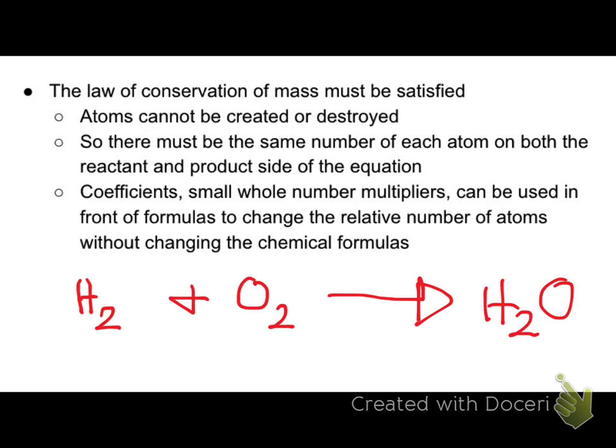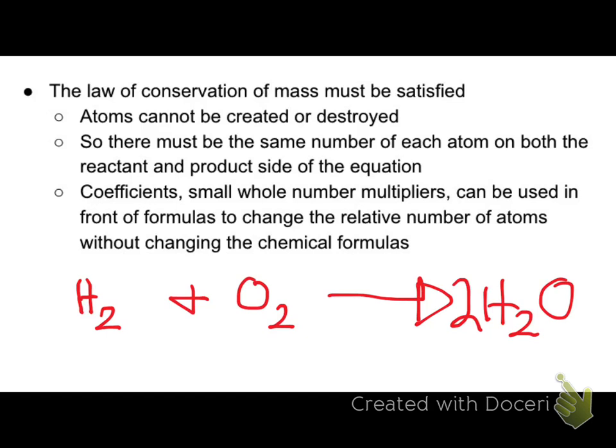So instead, I'm going to use coefficients to balance this. So instead, I'm going to come over here and I'm going to put a 2 in front of this. Okay? So that changes this, and instead of saying it's just one molecule of water, or 1 mole of water molecules, now I'm saying I have 2.